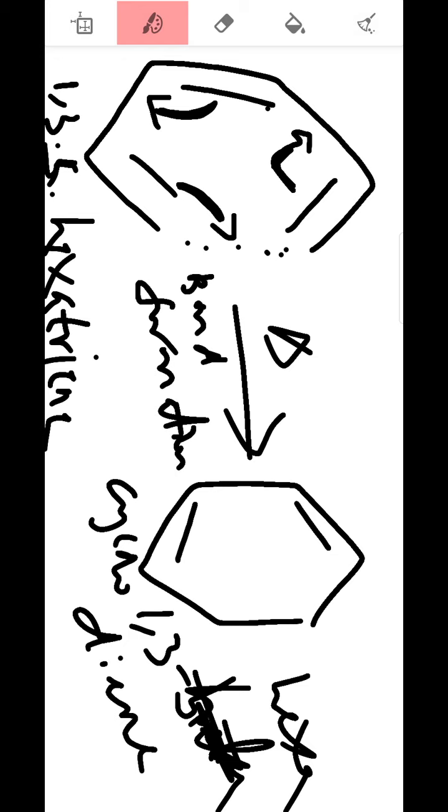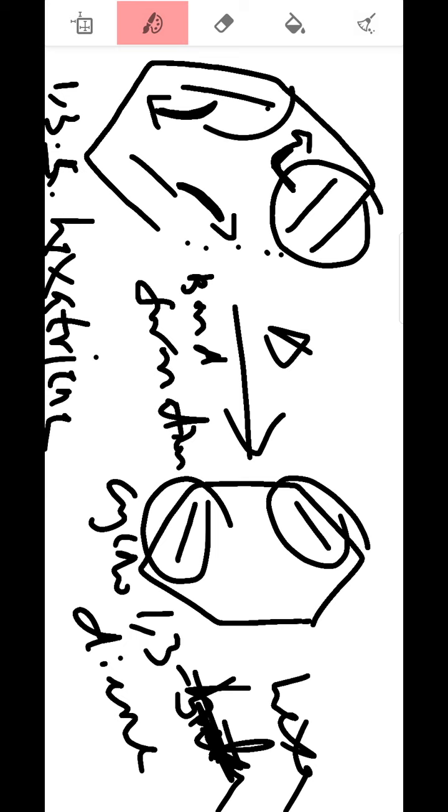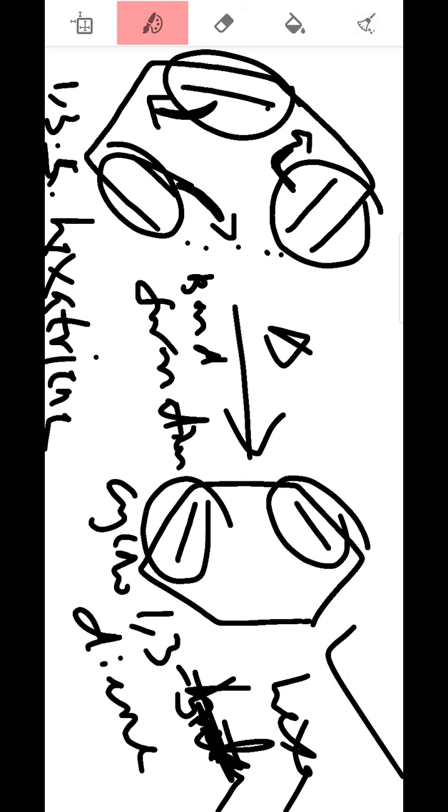It is a 6 carbon ring. Now what I want to bring out from this is that if you look at our product, you only have 2 pi bonds. You look at our reactant, we have 1, 2, 3. Meaning that the number of pi bonds in the product is lesser than that of the reactant. This is an electrocyclic reaction.